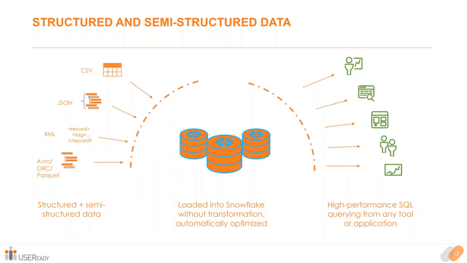Instead, we will extract from these files or any of our source systems and load the data into Snowflake as is, without any transformation. That means extracting and loading happens first. And then once the data is loaded, you apply your transformations based on the business requirement.